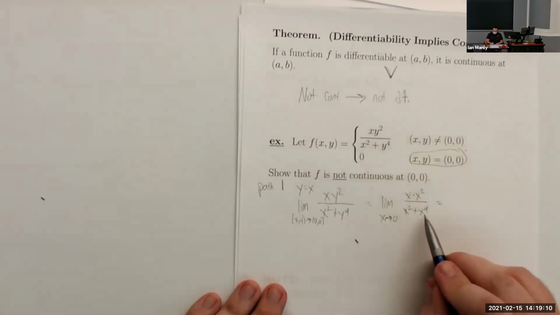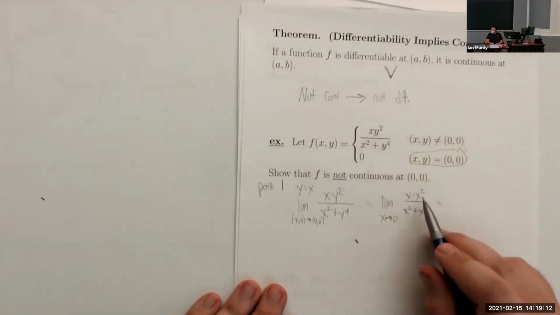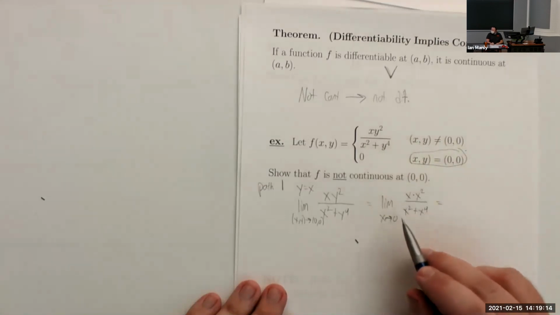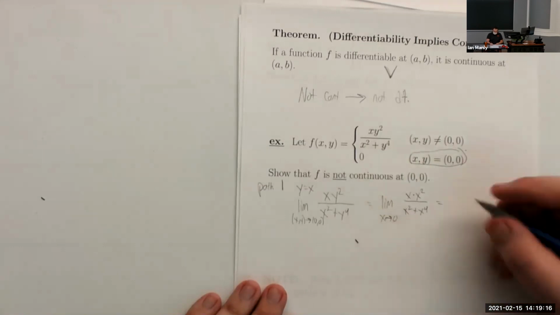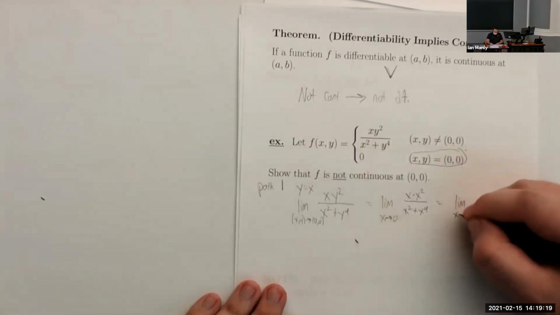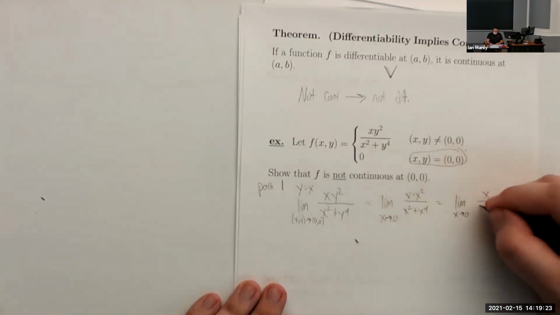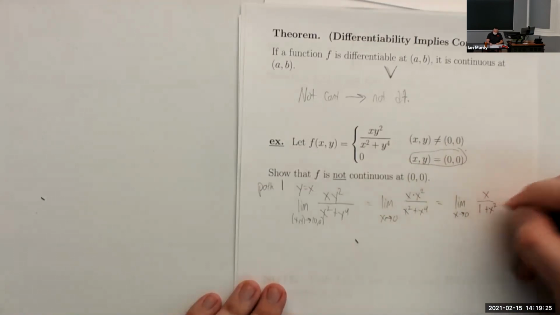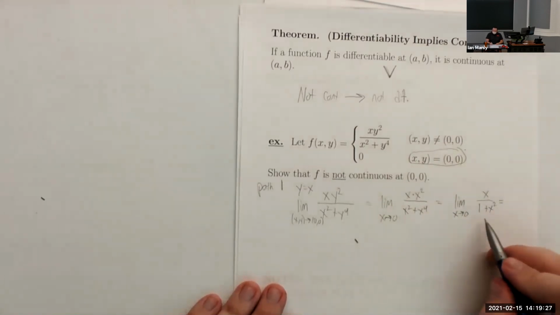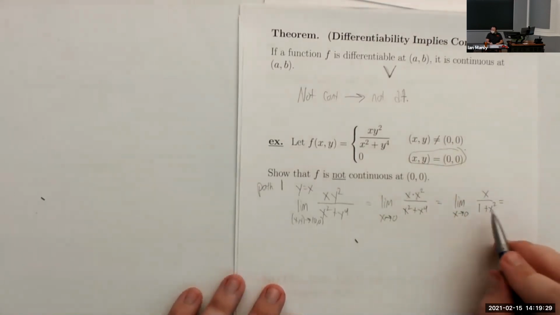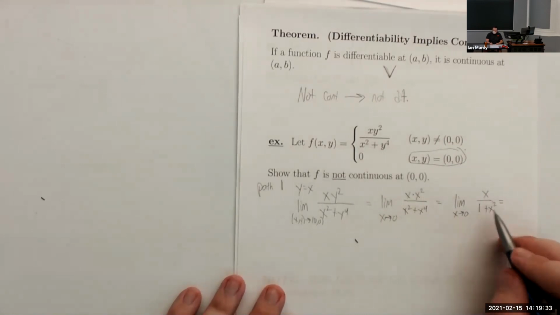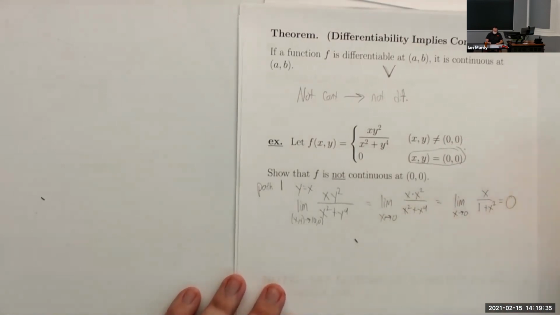Now I can divide out an x squared from each of these. That goes into all of the terms at least once. So I'm going to be left with an x up here, a 1 down here, and an x squared right there. Then this is a limit where we could just plug in 0. If we do that, we're going to end up getting 0.